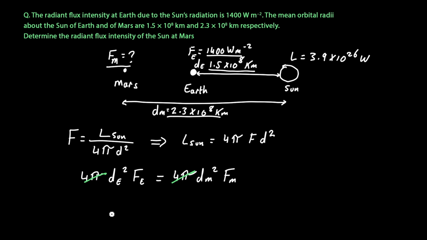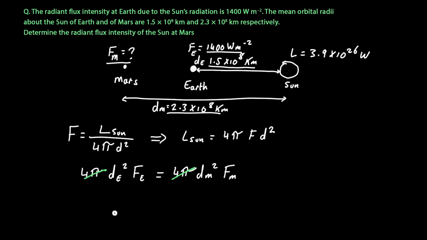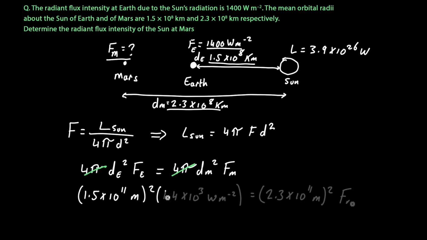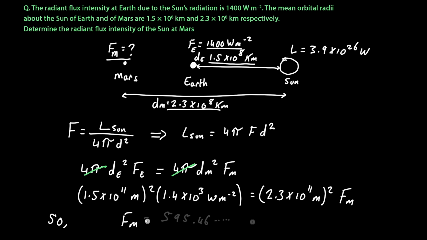We've been given the values for the distance from Earth to the Sun and the distance from Mars to the Sun, and we also got the flux intensity at the distance of Earth to the Sun. All we need to do is rearrange this equation to make the flux intensity at Mars's orbit the subject of the equation. And we get flux intensity at Mars of 595.46 and so on watts per meter squared.